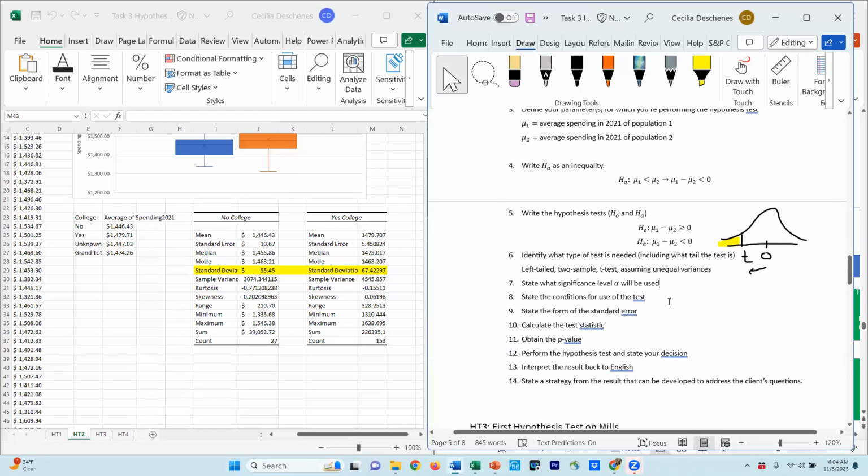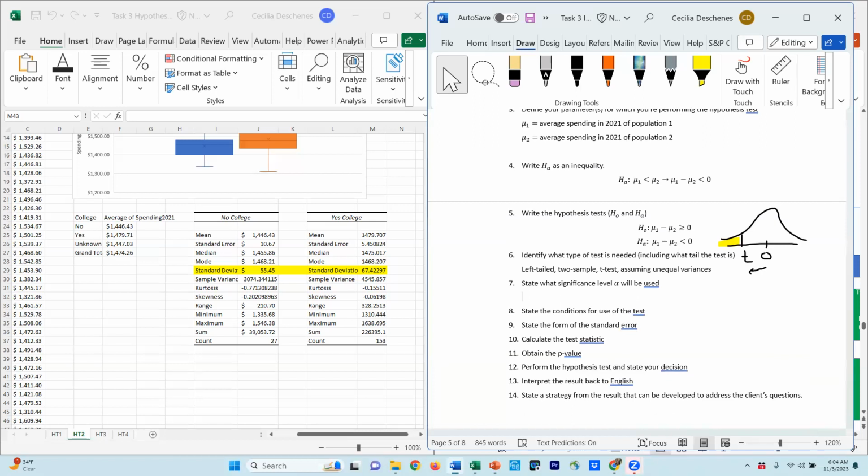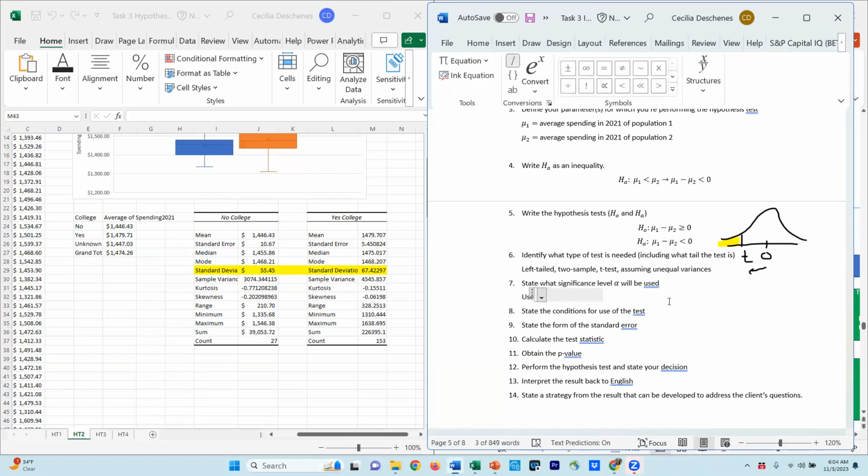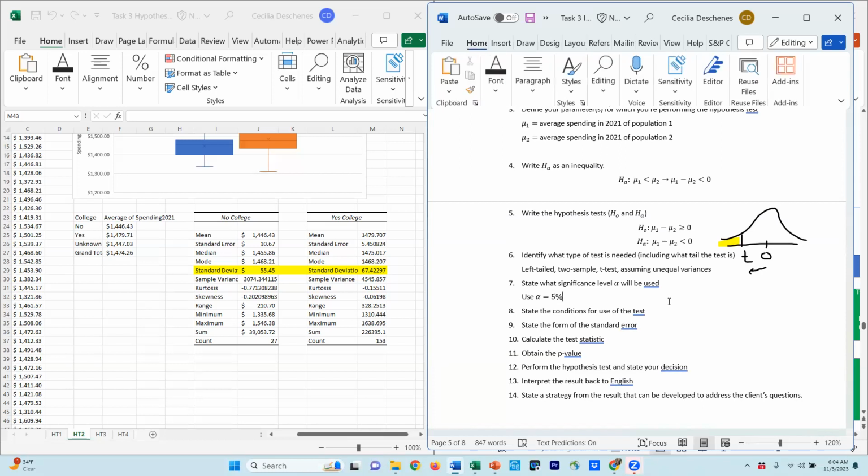So let's make this one a 5%. You can choose what you want. Just think about why. I probably should have you state why you choose it, just so I know you've thought about the risk and what it means. So we're going to use an alpha of 5%.